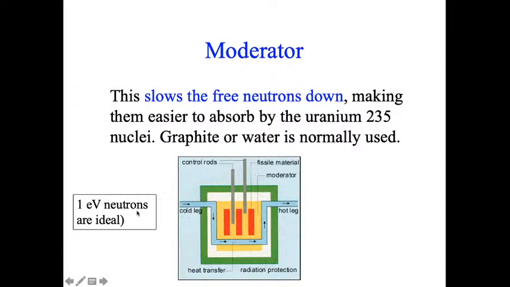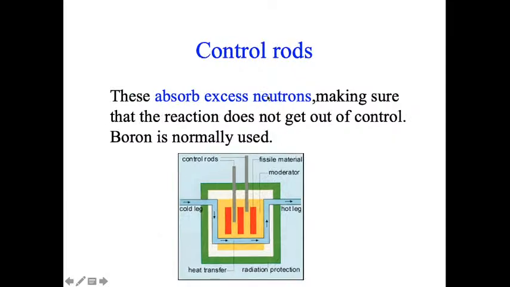And in order for them to be traveling at that speed, we're going to need to slow them down using control rods and moderators. And once they are at that controlled speed, they'll hit another uranium-235 parent atom and cause a fission reaction and create 2 new neutrons, which will be really fast and need to be slowed down again by the moderator.